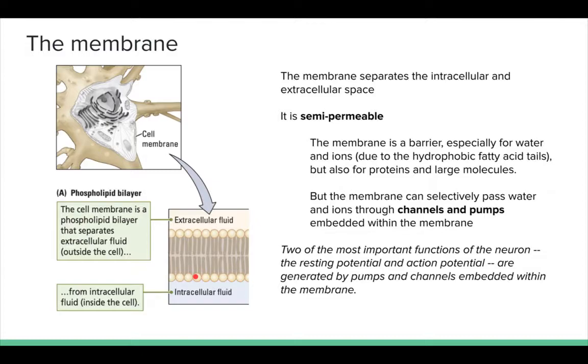And as we'll see later on, it's this ability to selectively pass certain ions and molecules that makes the membrane important for the resting potential and for the action potential, which are the two most important electrical activities that a neuron carries out. We're not getting there yet, but just to set this up, in the future we'll be talking a lot about the cell membrane and its property of being semi-permeable.